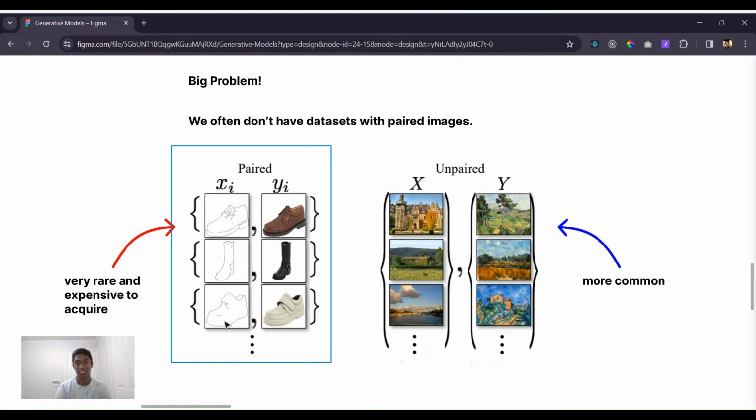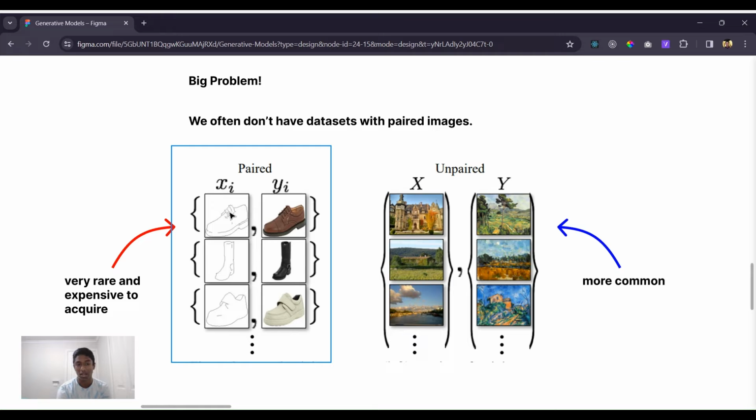The pix-to-pix architecture has a huge problem, and that is we often don't have datasets with paired images. On the left here, I have a dataset of paired images, where for each image in the first domain, we have a matching image in the second domain. But this dataset is very rare, and it's also expensive to acquire.